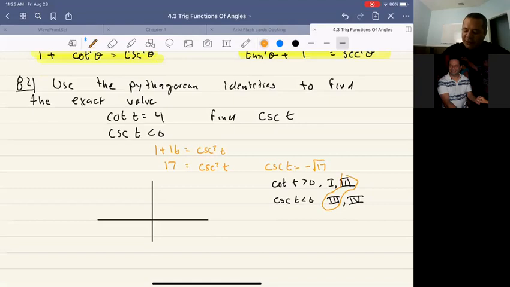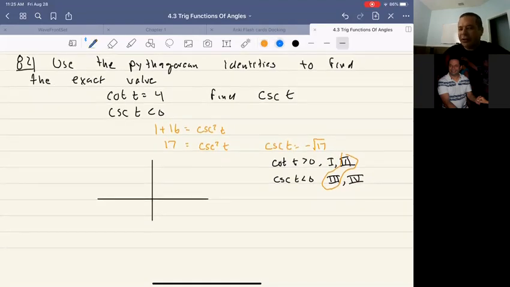Okay, and now we're just going to draw this triangle in the 3rd quadrant. Now you see we can draw it using the reference angles. Okay, cotangent is x over y.